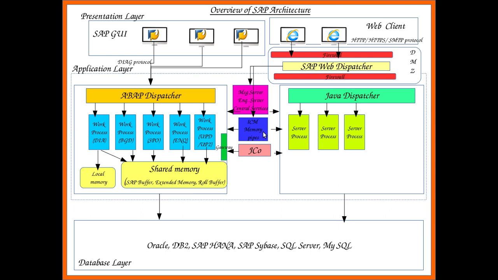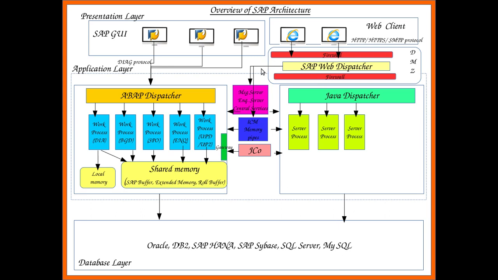ICM has handlers like the ABAP handler and Java handler, and in total 9 kinds of sub handlers are there in ICM.